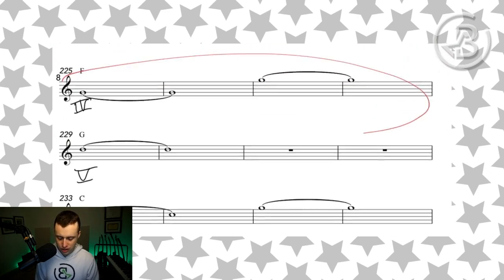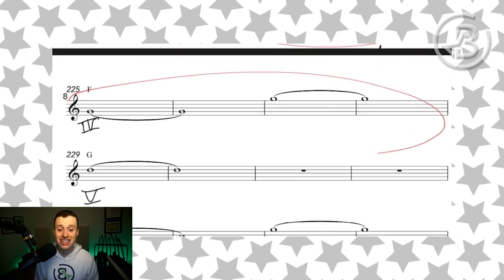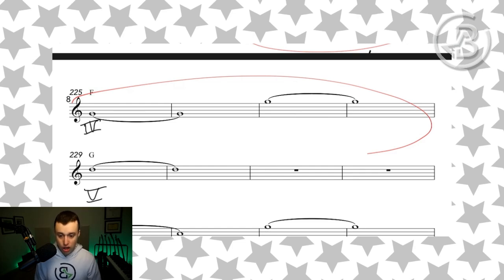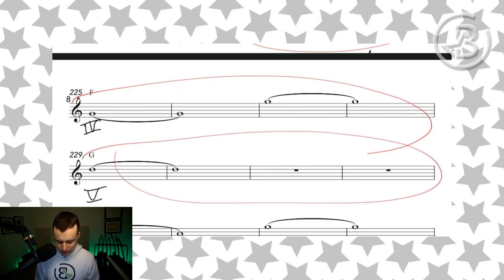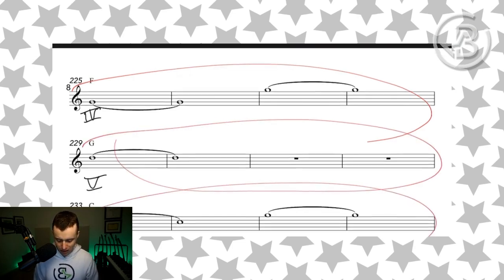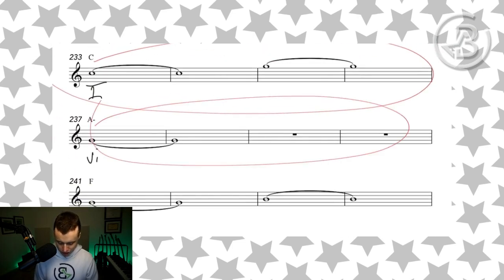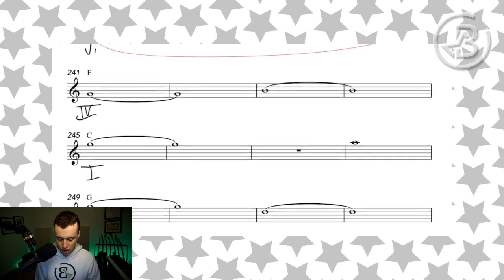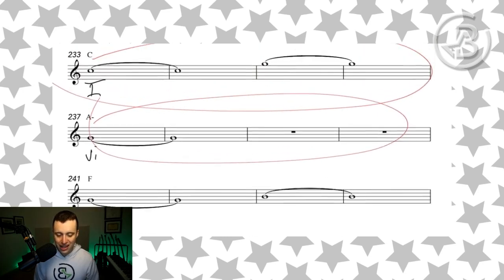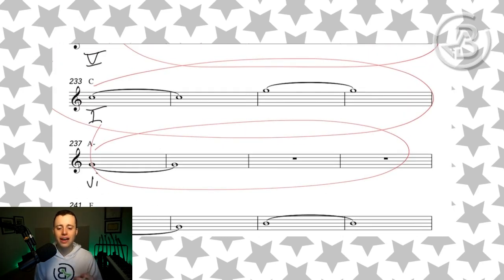Sure, 4 measures here of F, but previously we've been seeing F for 8 measures. So that's speeding it up. G for 4 measures, C for 4 measures, A minor for 4 measures. So we can see here at the end, the chords are almost doubling in speed, because before we've had groups of 4 and 8. Now we're having groups of 2 and 4.